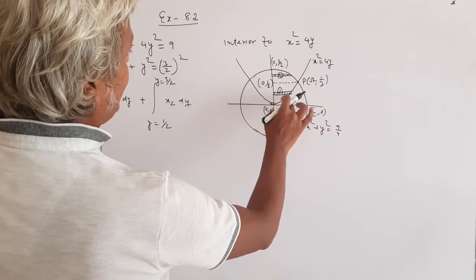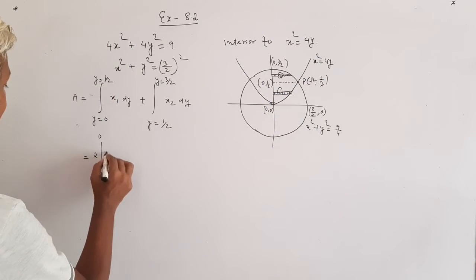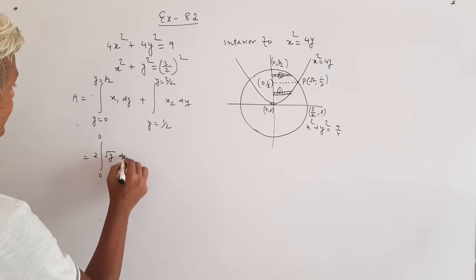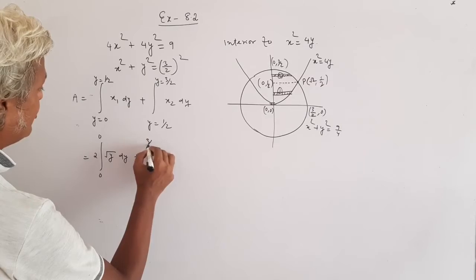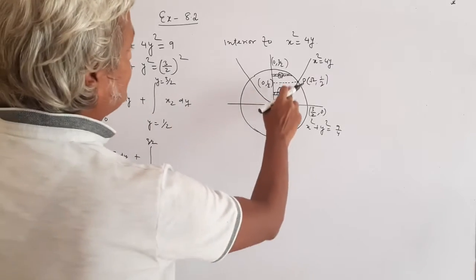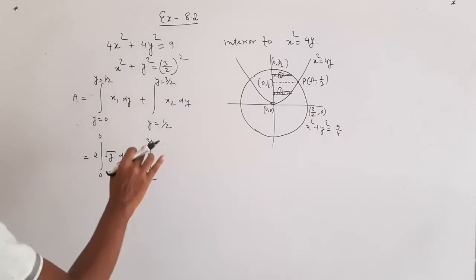For this part the x is what? That is under root 4y, the 2 outside, and this is just y dy, plus this is half and this is 3/2, and then what is the x2? Because this end lies on the circle. So what is the x for the circle?